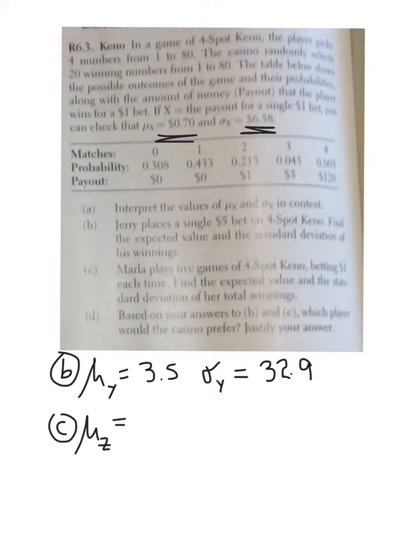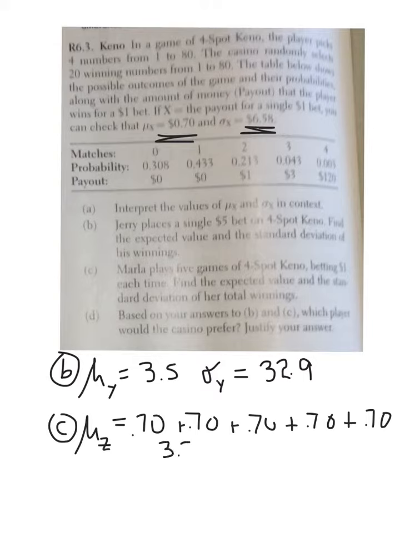What is her expected value? 70 cents, right? And we add them all together 5 times. 70 cents, 70 cents, 70 cents, 70 cents. And we add them all together. And that's actually just the same thing as times 5, right? So her expected value should still be $3.50.